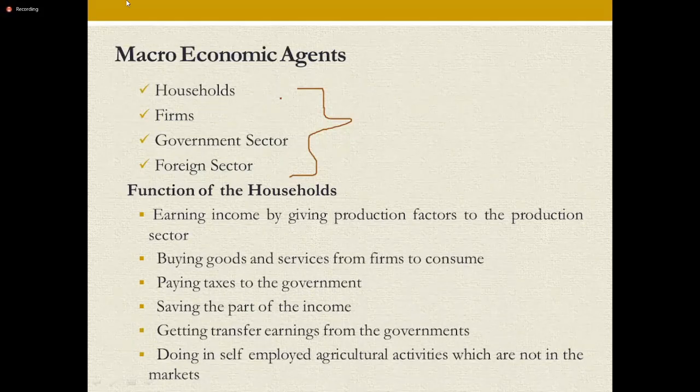In the next sessions, we are going to identify the involvement of these single units in an economy, in income expenditure analysis. These two together is a two sector, these three together is a three sector, these four together is a four sector economy.